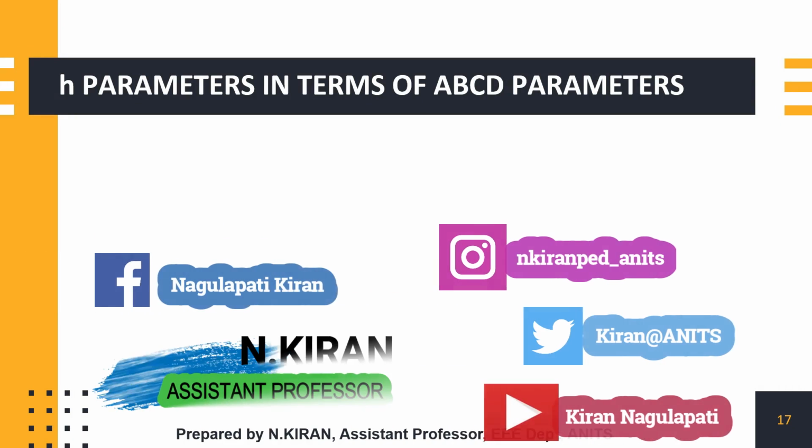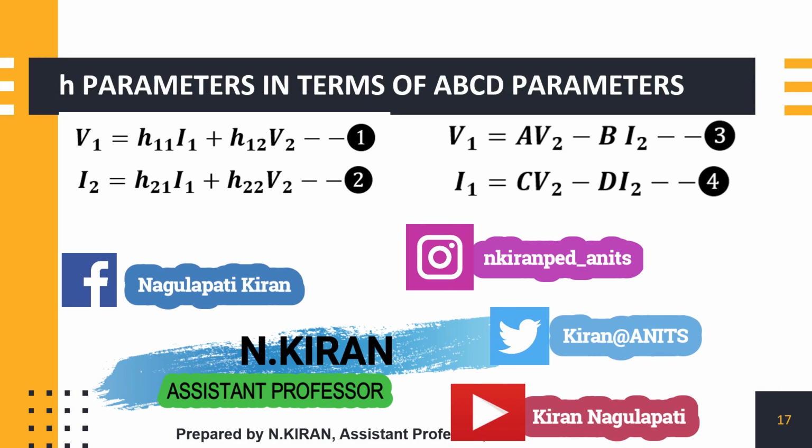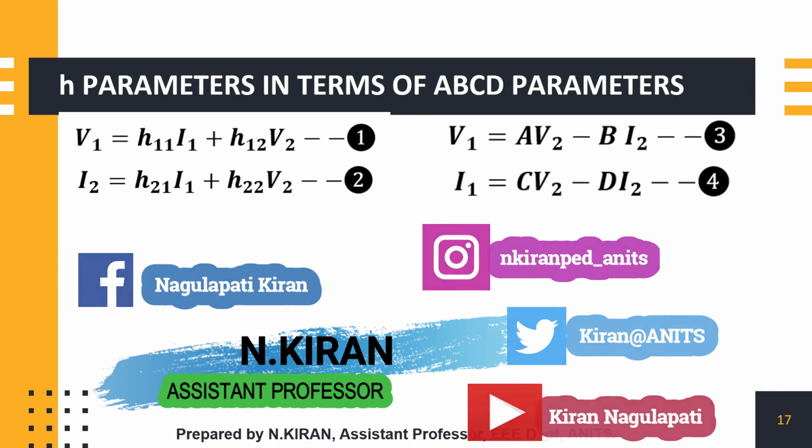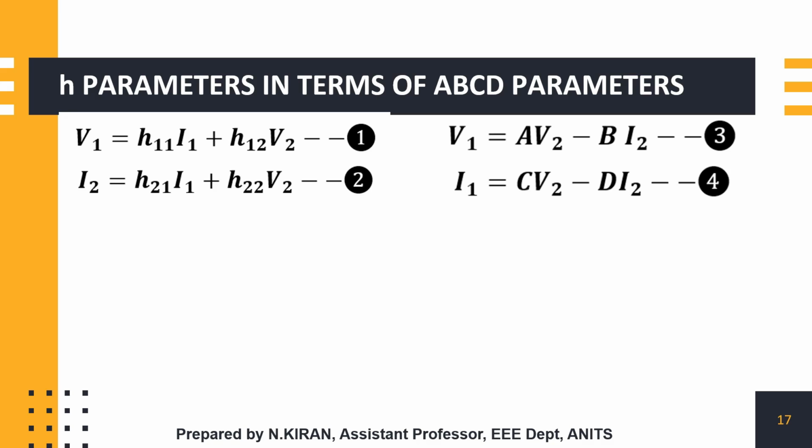H in terms of ABCD. We are also, after writing the standard equations, comparing two equations having the same variables. In the second equation, I have I2, I1 and V2.